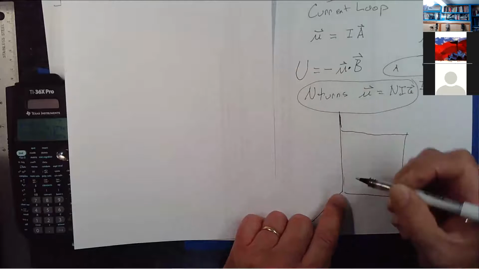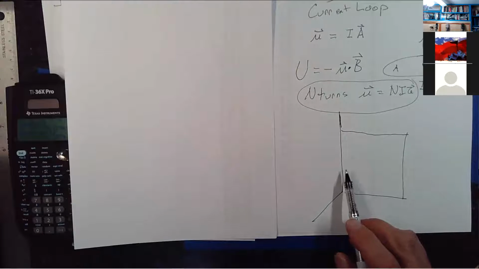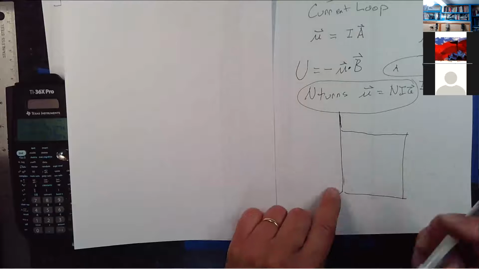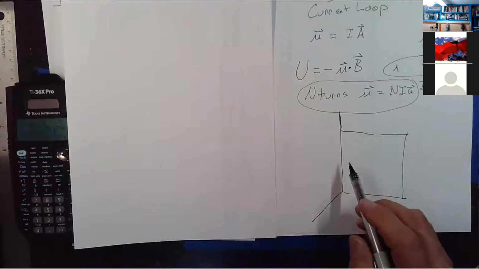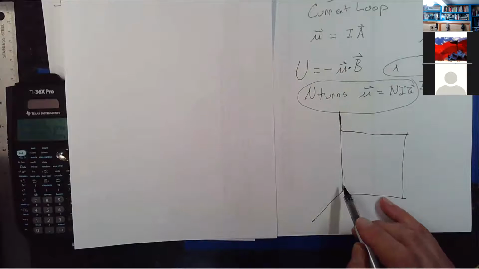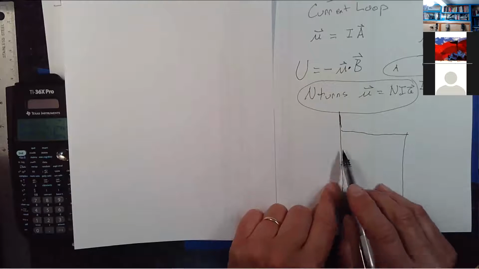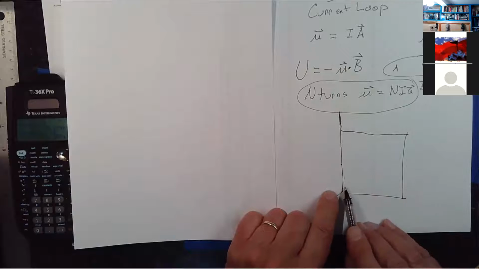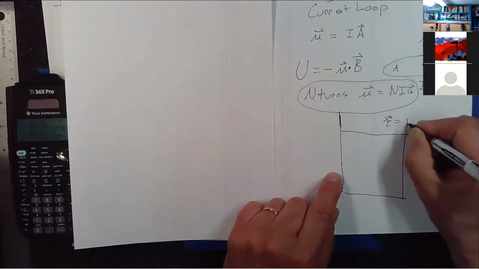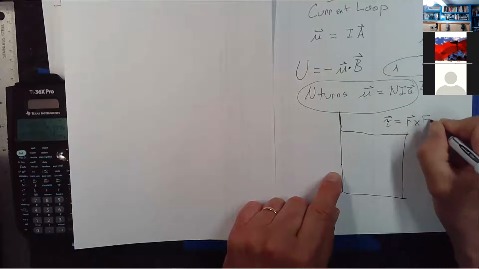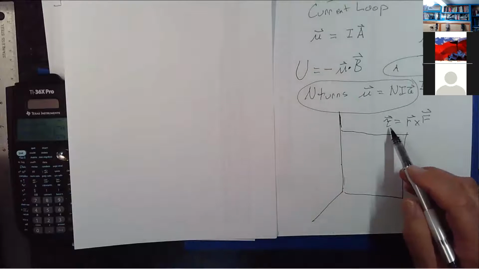So it's hinged along one edge, and you're supposed to calculate the torque about that edge. And when you calculate the torque about an edge like that, you calculate the torque from any point along this thing, and any force that's acting along this thing will produce no torque, because torque is equal to R cross F, and if either R or F happens to be 0, then the torque is 0.